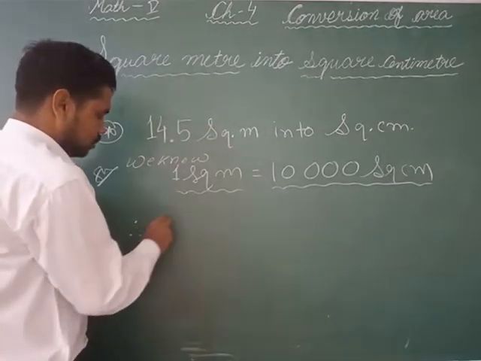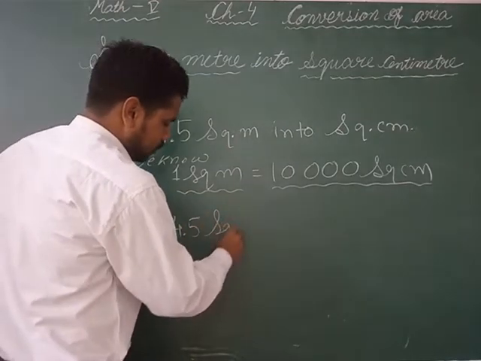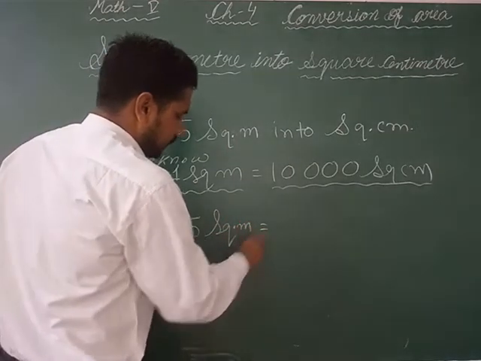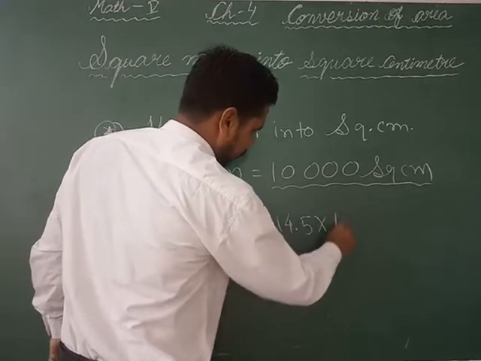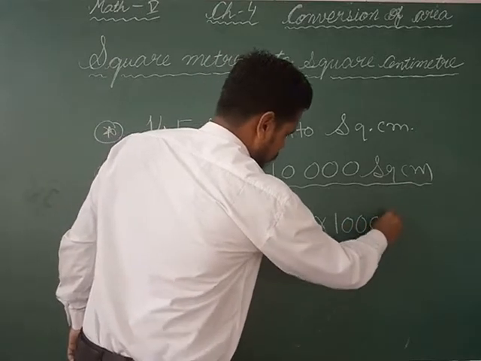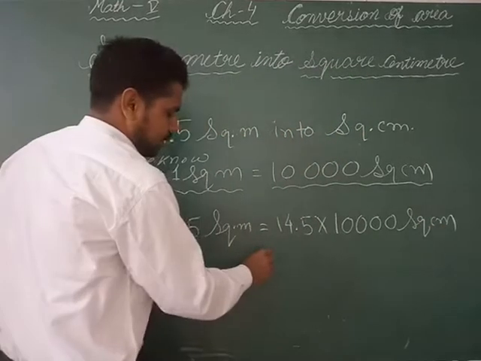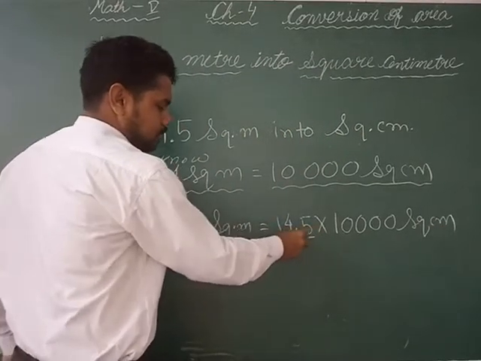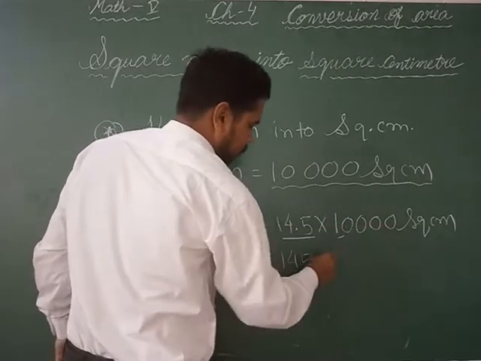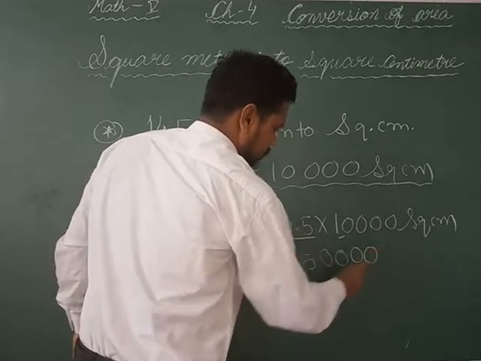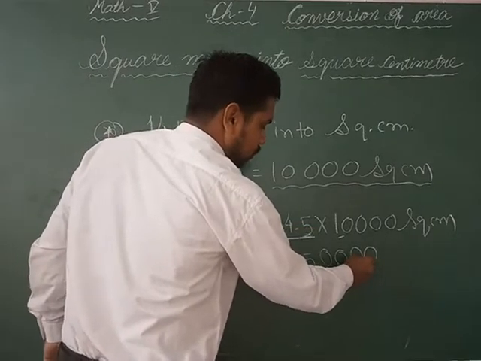Therefore 14.5 square meter is equal to 14.5 into 10,000 square centimeter. If you multiply, 1 times 145 will be this much, and 4 times 0. Here there is one digit after the decimal, so you also have to put the decimal before one digit.